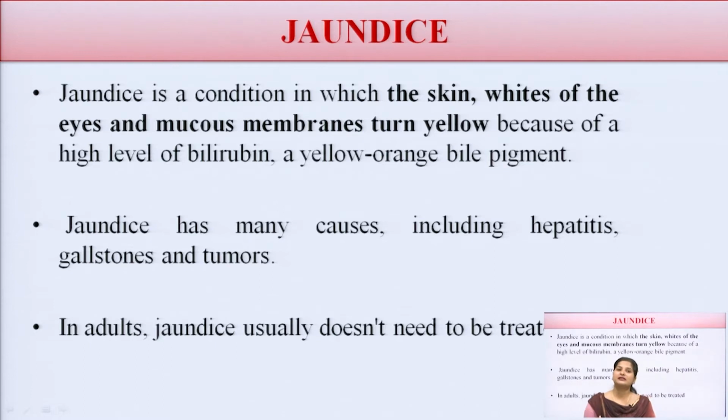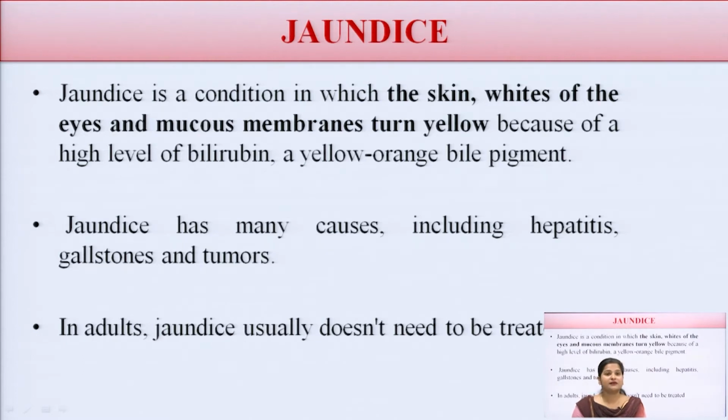Thus, because of jaundice, the color changes and shows yellow. The skin, the white part of the eyes and the mucous membrane turn yellow because of a high level of bilirubin.